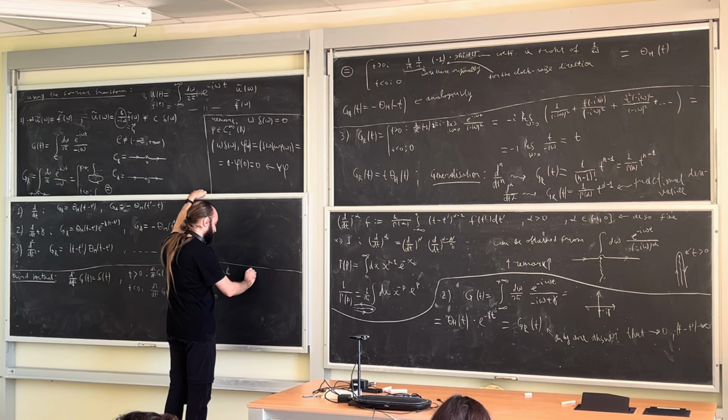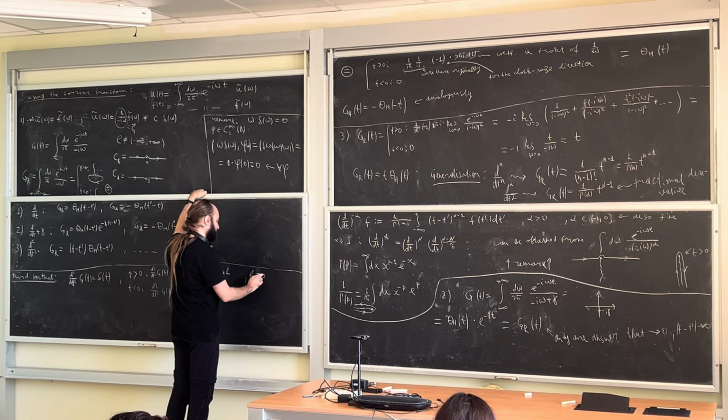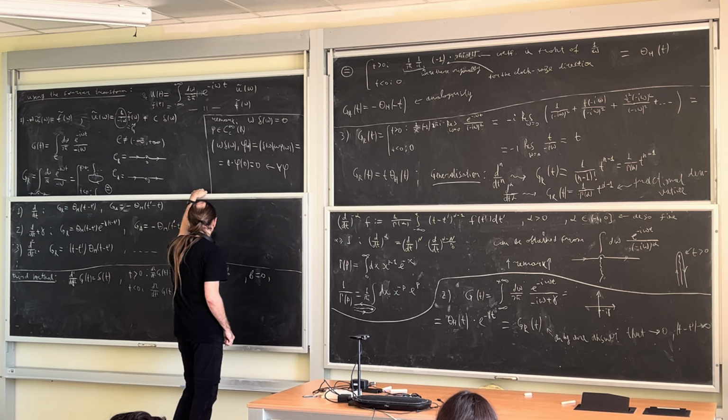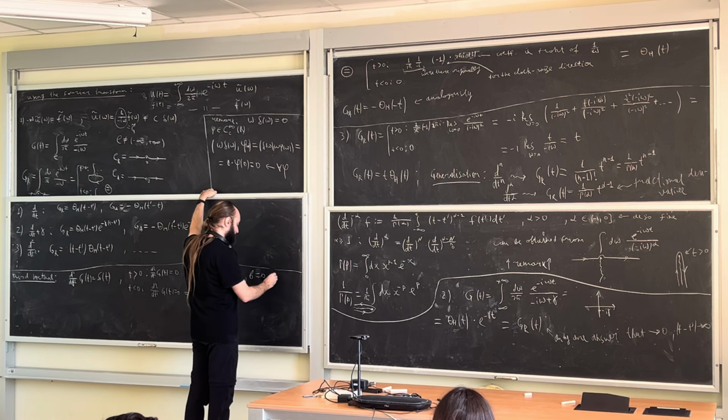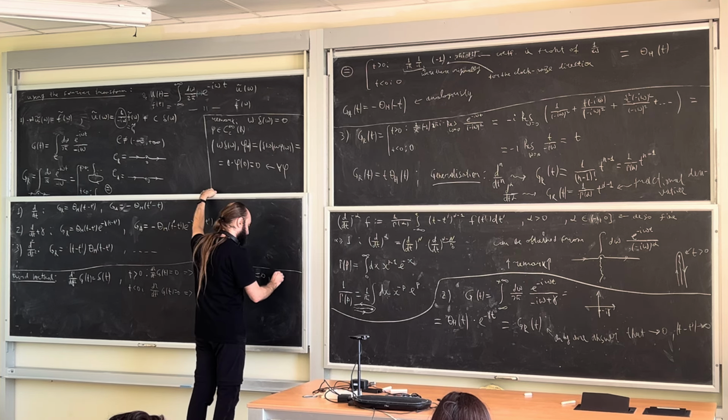So b should equal 0 because g double prime of t equals delta, not delta prime.